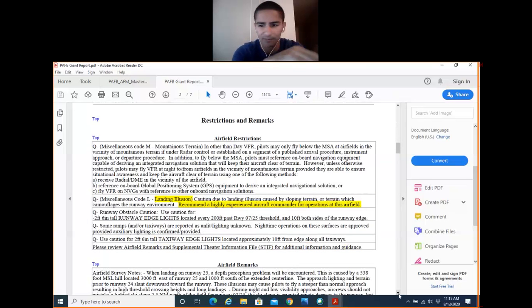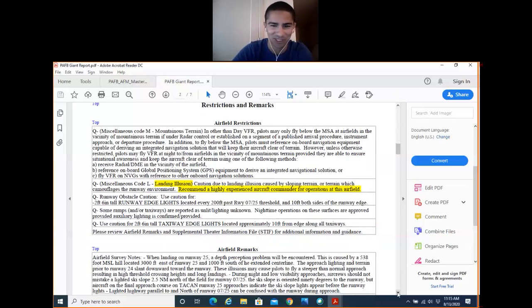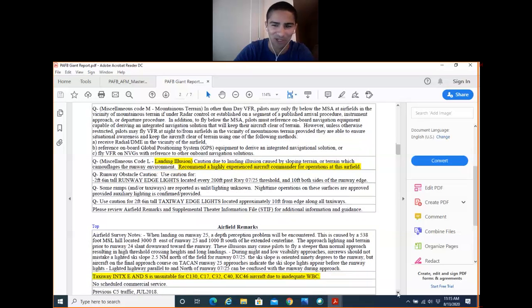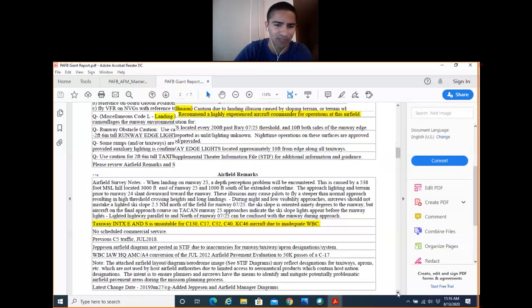And then pertinent information that you think stands out for this field, especially landing illusion. Recommend a highly experienced aircraft commander for operations at this airfield. That turned out to be hilarious because the landing illusion was basically a hill that was so far away and so low that we couldn't imagine why they put this note in there. But those are the sort of things you want to look out for with mission planning.